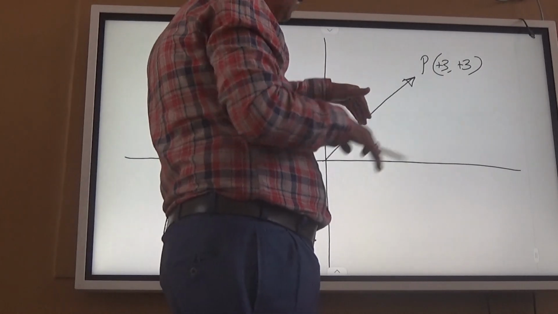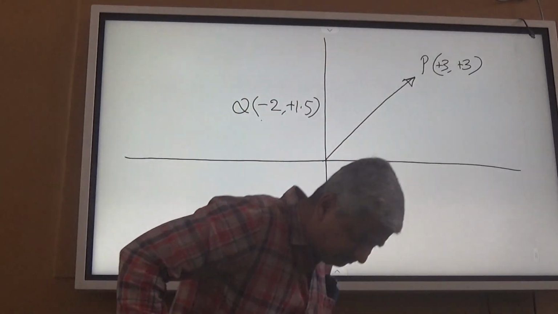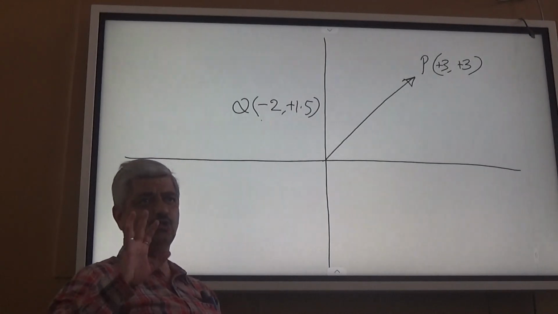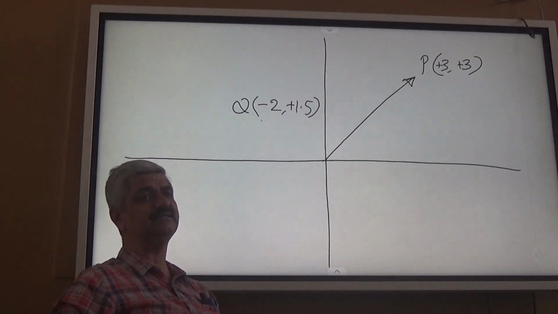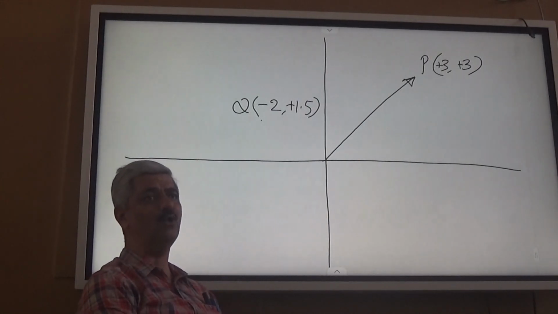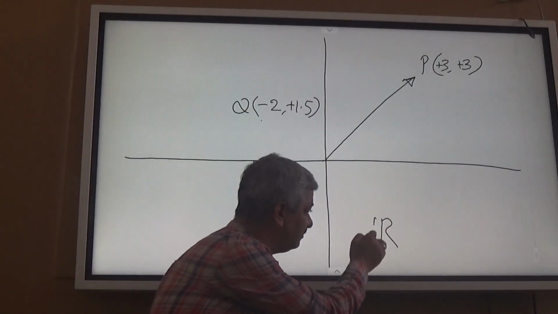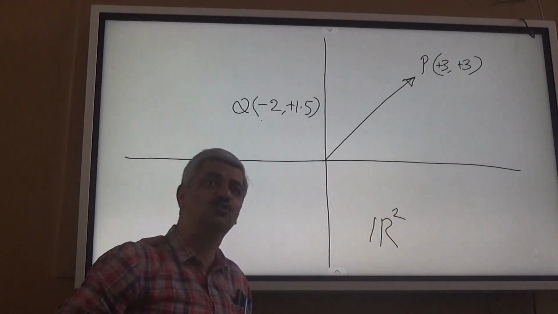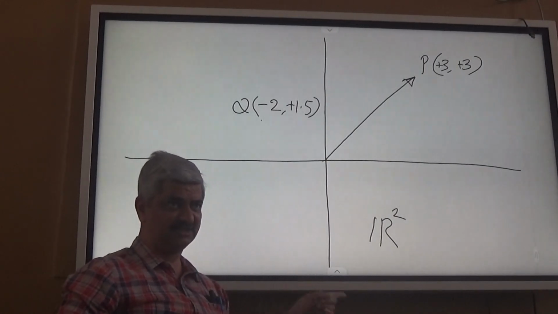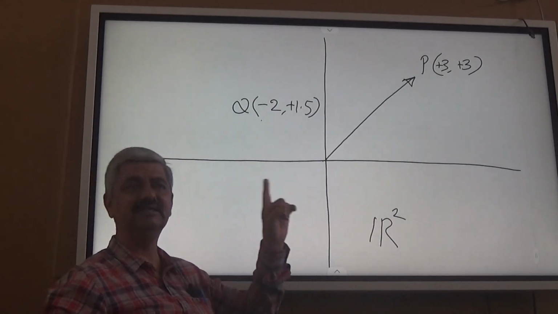So a point in a 2D plane, or to be very precise, a position in a 2D plane, is considered to be a vector over the real number space of dimension 2. If R is the real numbers, then when you consider the two-dimensional space, any position is a vector.